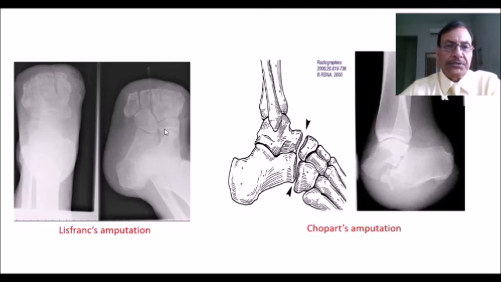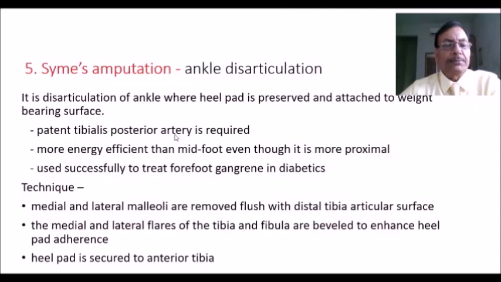Not nowadays done commonly. Syme's amputation is a preferred method of amputation, even though it is proximally placed compared to the Lisfranc and the Chopart. It is disarticulation of the ankle, where the heel pad is preserved and attached to the weight-bearing surface.